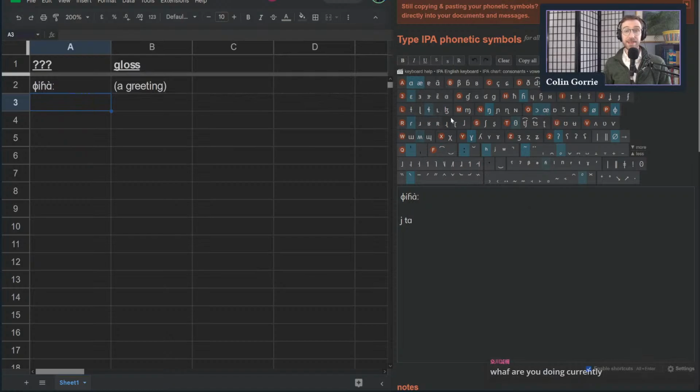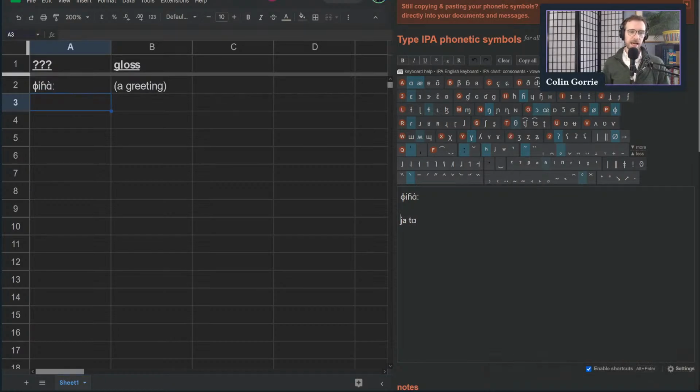And keep in mind that at this point, we are not trying to work out what sounds are contrastive. We're just trying to figure out what sounds are there, what phones are there. So something.